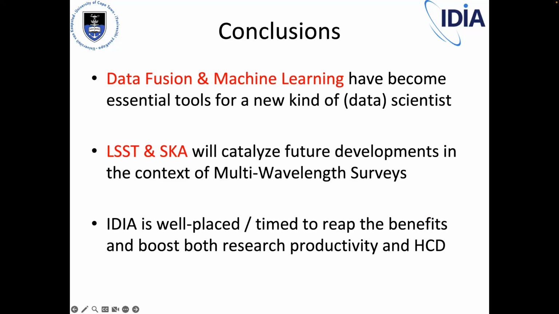Now we need to be able to deal with data, and there are an incredible number of useful libraries that you can pick up with somewhat little effort, whether it's Python or R or the next language of choice for data scientists. And projects like the LSST and the SKA, where South Africa is strongly involved, will really be the places where the future developments will happen in the context of multi-wavelength astronomy.